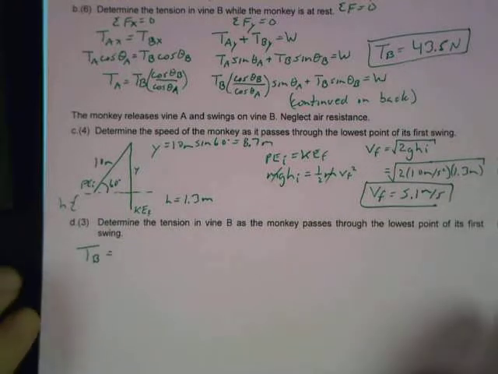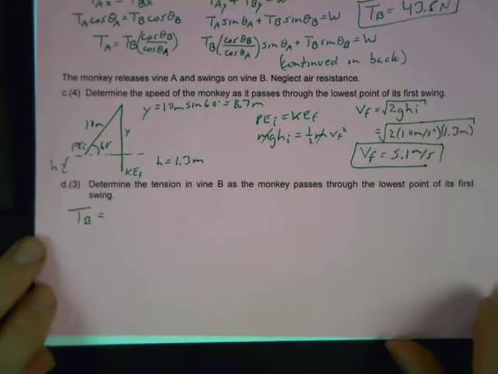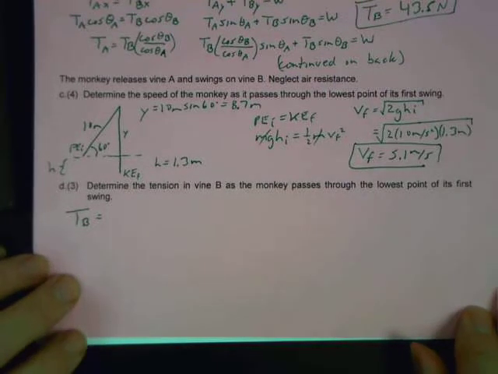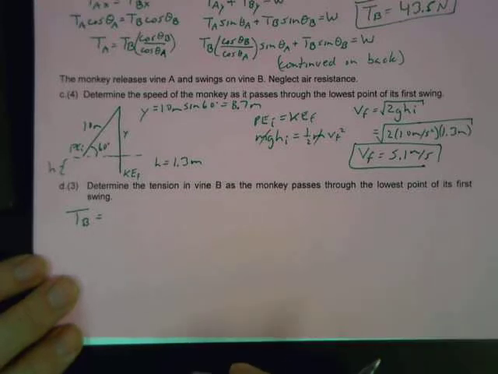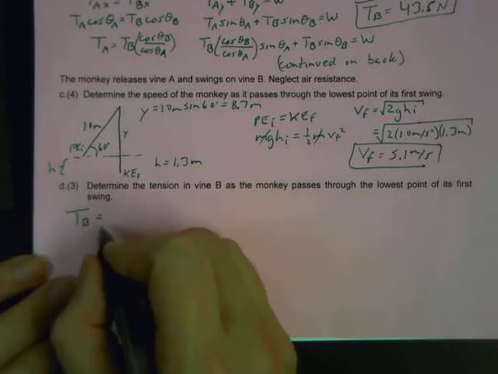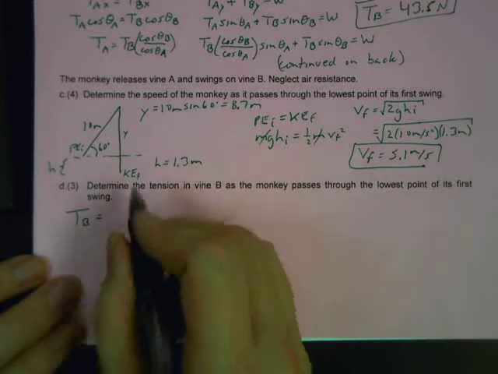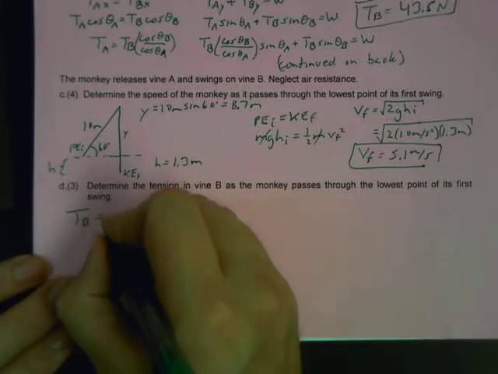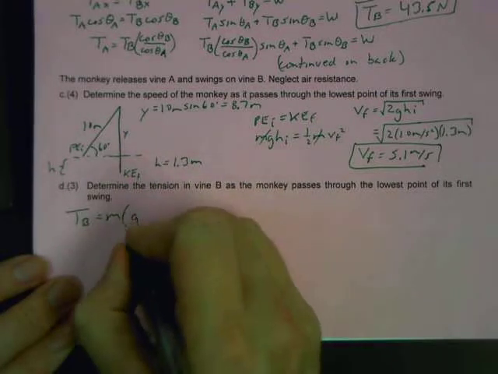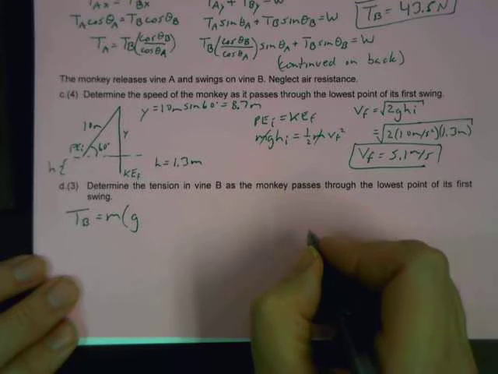All right, lastly, determine the tension in vine B as the monkey passes through the lowest point of its first swing. This should sound familiar. This is an apparent weight problem. So the force that's causing it to move in the circle is equal to the mass times g plus or minus the centripetal force at the bottom.